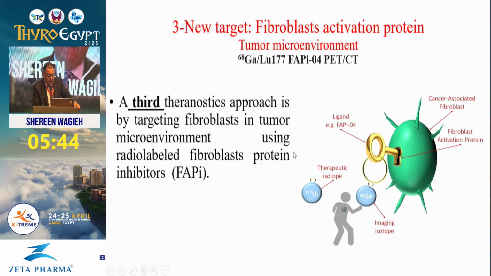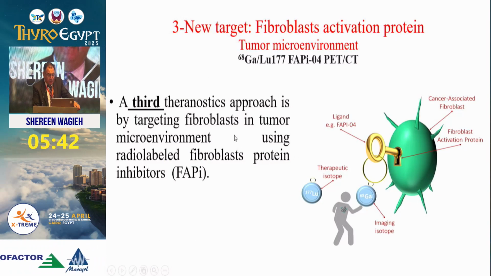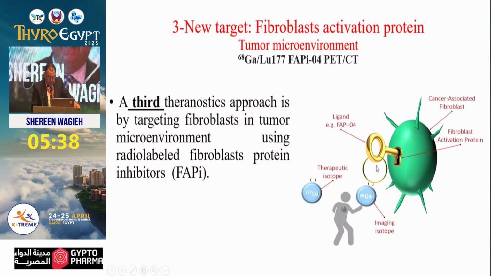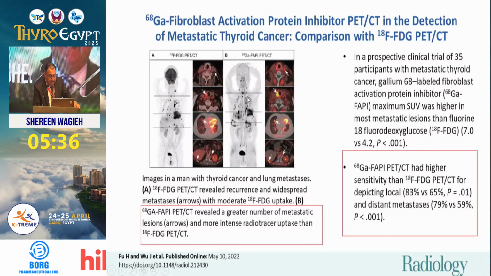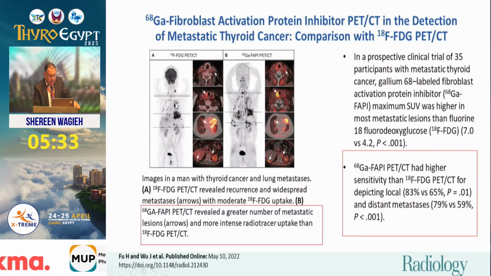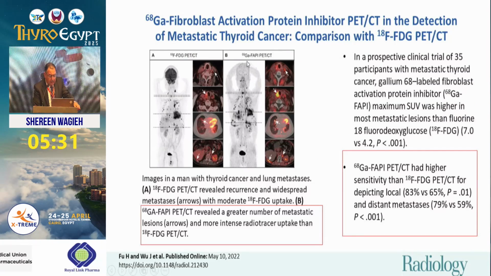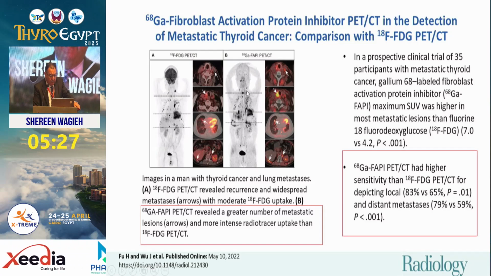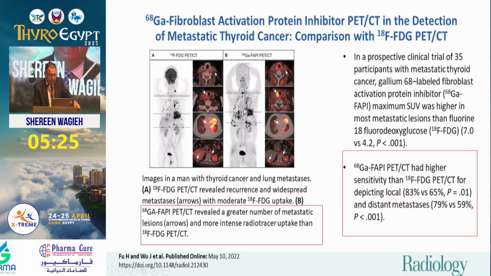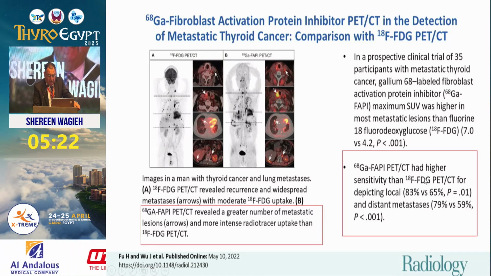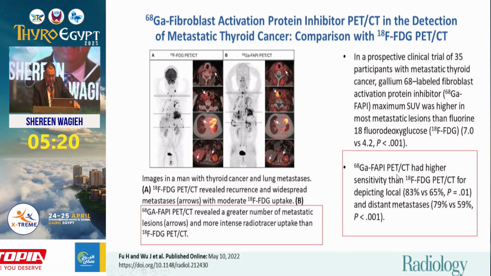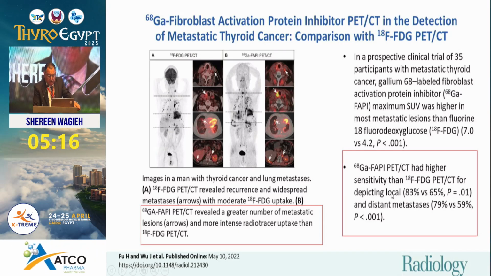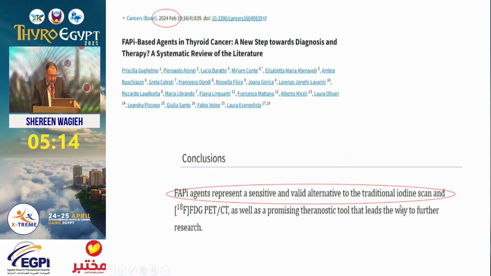A third theranostic approach is targeting fibroblasts in the tumor microenvironment using radiolabeled fibroblast activation protein inhibitors. These are very nice images: FDG PET showing some lesions, yet using gallium-68 FAPI PET-CT revealed more lesions with more intense tracer uptake in these metastatic lesions, with the final conclusion that gallium FAPI PET-CT has higher sensitivity than FDG in detection of local recurrence and distant metastatic lesions.